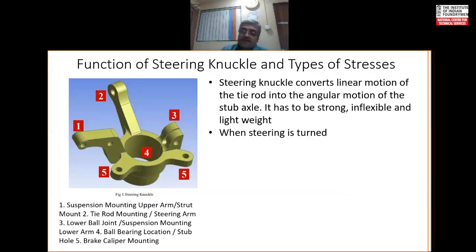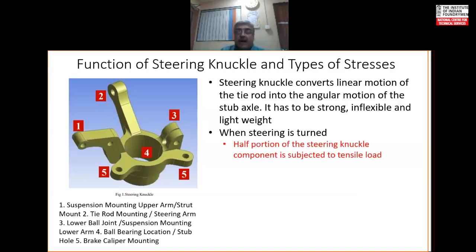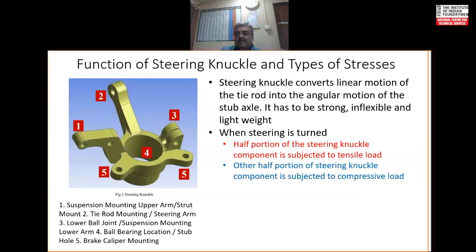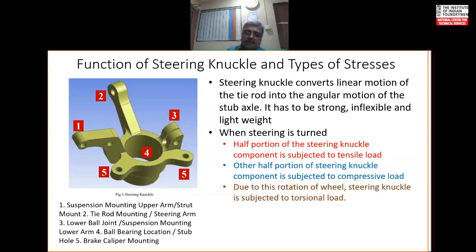When the steering is turned, half portion of the steering knuckle component is subjected to tensile load. The other half is subjected to compressive load. And due to the rotation of the wheel, steering knuckle also is subjected to torsional load. And last but not the least, it also supports the vertical weight of the wheel.